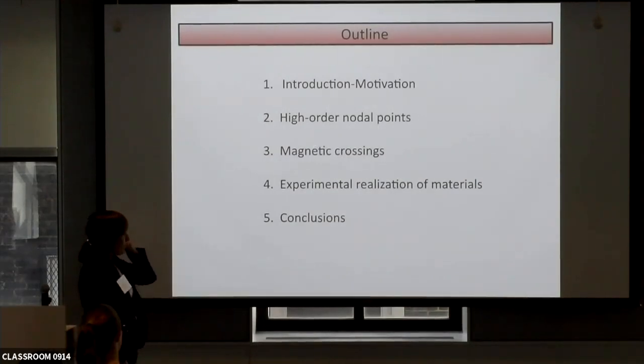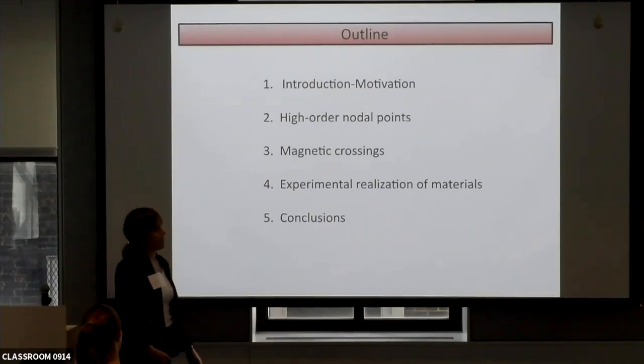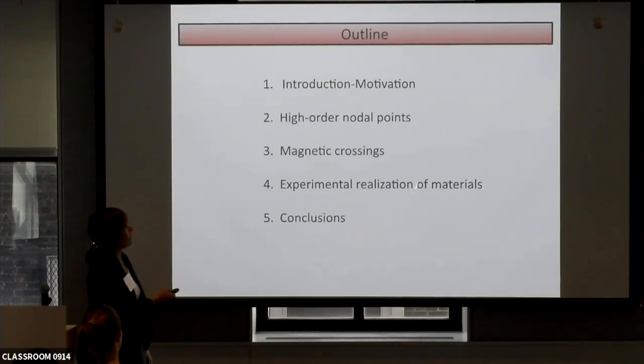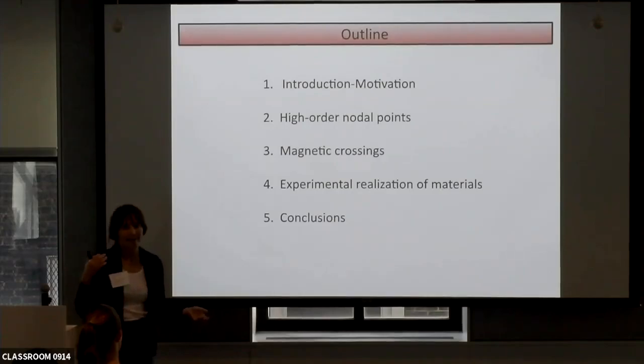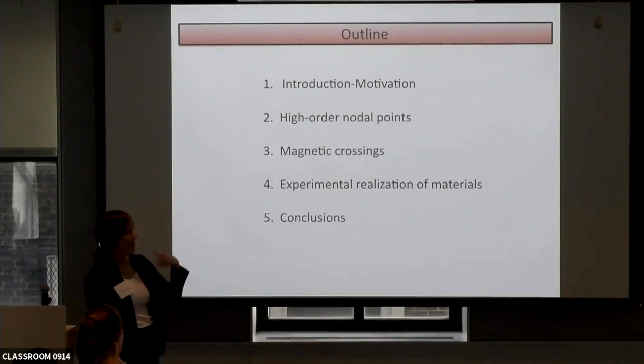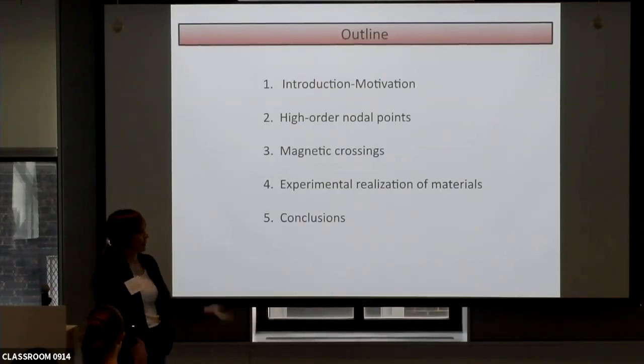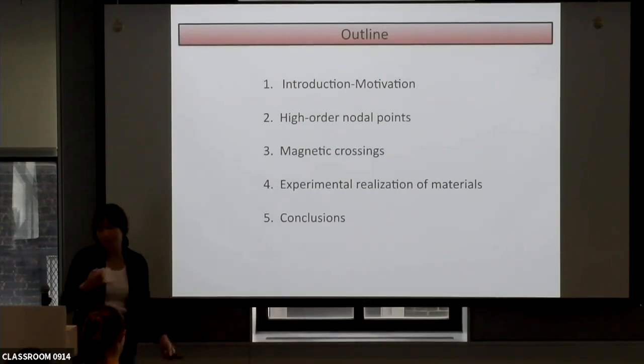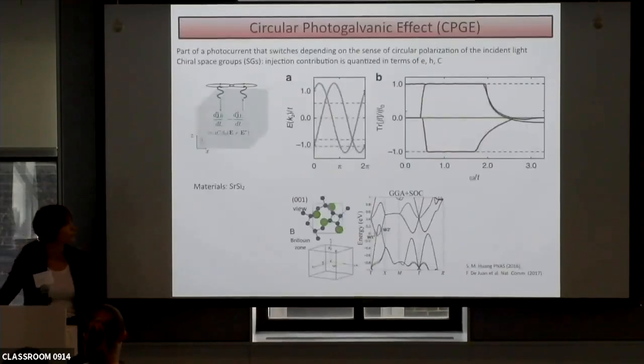In the following, I will give you the theory behind the identification of magnetic crossings, high-order crossings in magnetic materials, and the attempt at experimental realization of the materials, comparing what the experimentalists can tell us, how we can help experimentalists with DFT and prediction of phases, and some examples of the results of these collaborations.